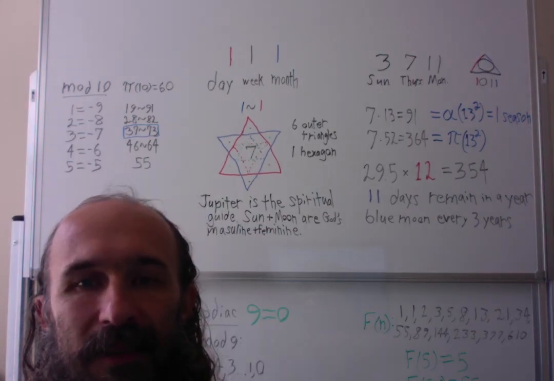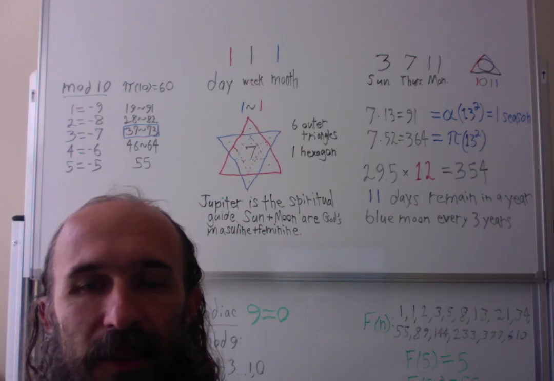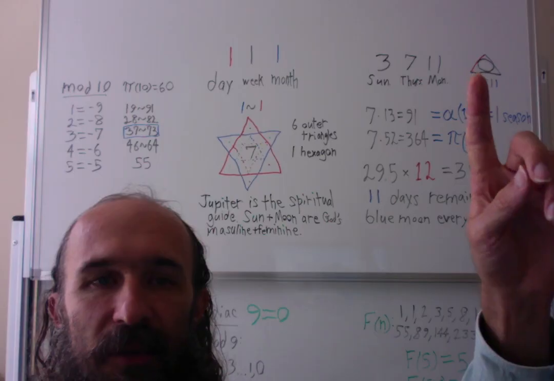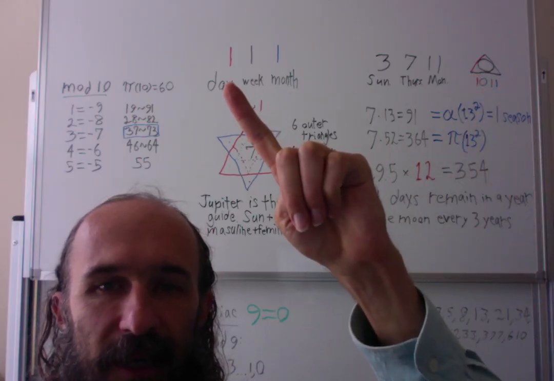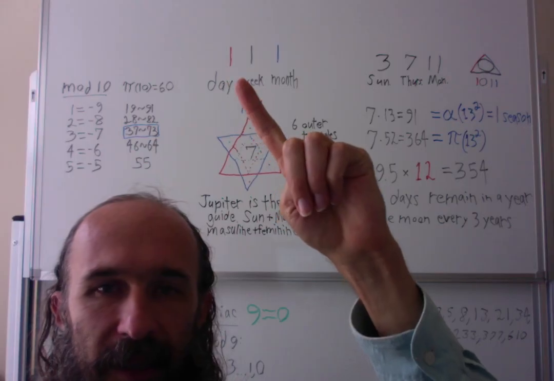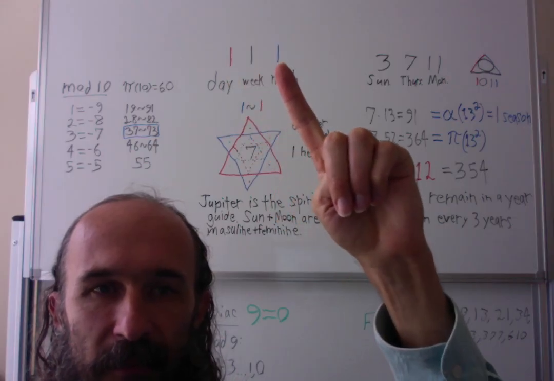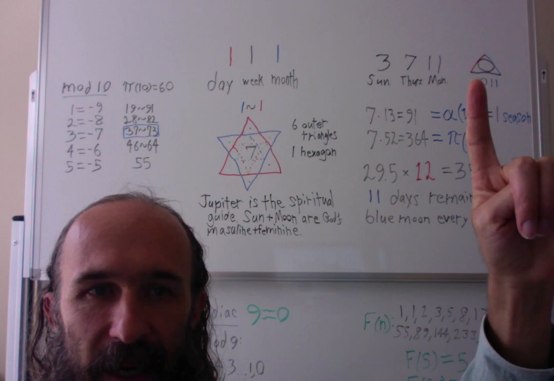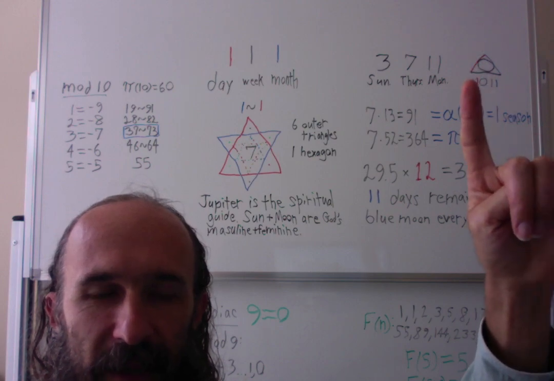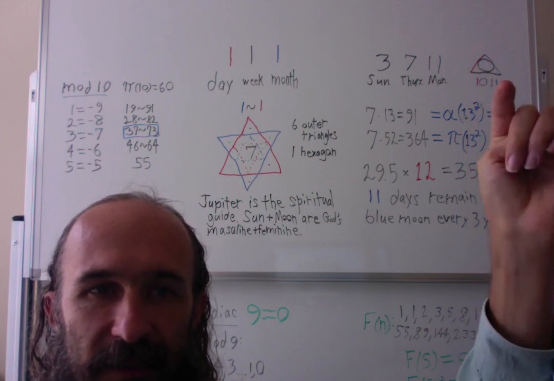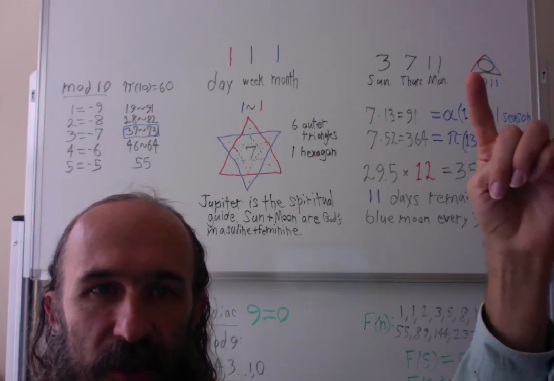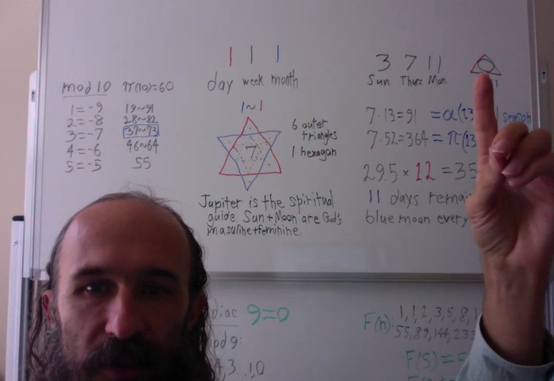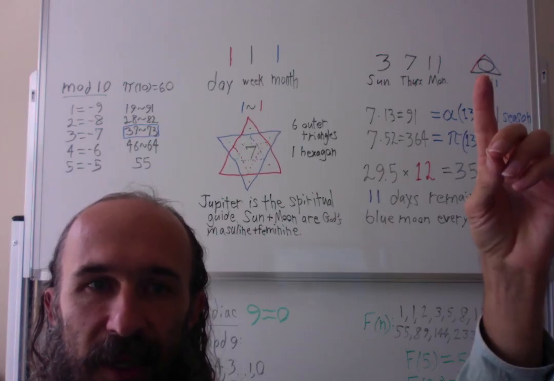If we imagine the most basic concept of a trinity, we would shape that as a triangle. So we take our 3 units of time, 1 unit for a day, 1 unit for a week, and 1 unit for a month. We make them into a triangle. And now we have an empty space inside of that triangle, and we use this circle because the circle, of course, symbolizes the number 0.